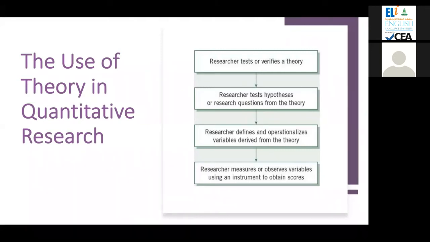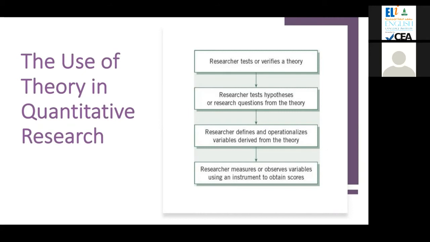So for example, you want to give your students a different way of teaching. So this new method of teaching is the independent variable. And you need to see the effect of this new method on their test scores. So the instrument you will be using is a sort of test, and the scores will be the dependent variables.